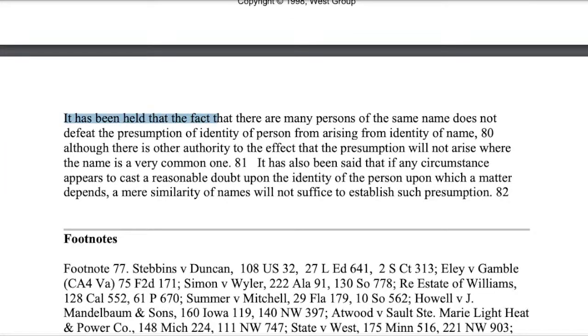It has been held that the fact that there are many persons of the same name does not defeat the presumption of identity of person from arising from identity of name, although there is other authority to the effect that the presumption will not arise where the name is a very common one. It has also been said that if any circumstance appears to cast a reasonable doubt upon the identity of the person upon which a matter depends, a mere similarity of names will not suffice to establish such presumption.